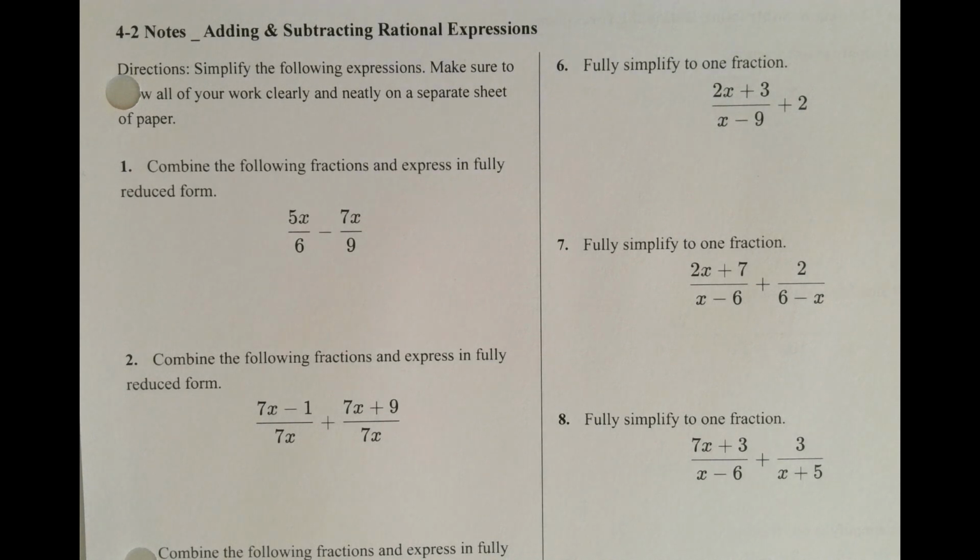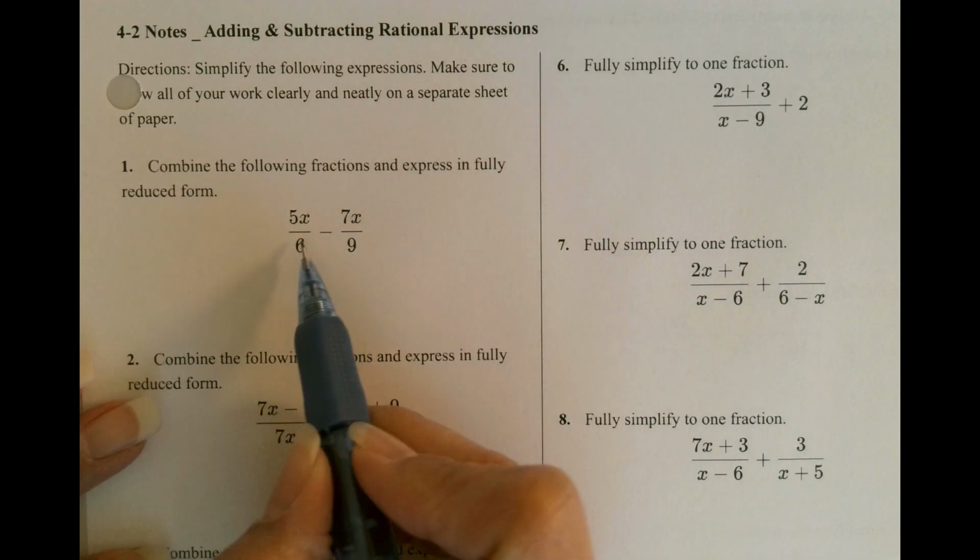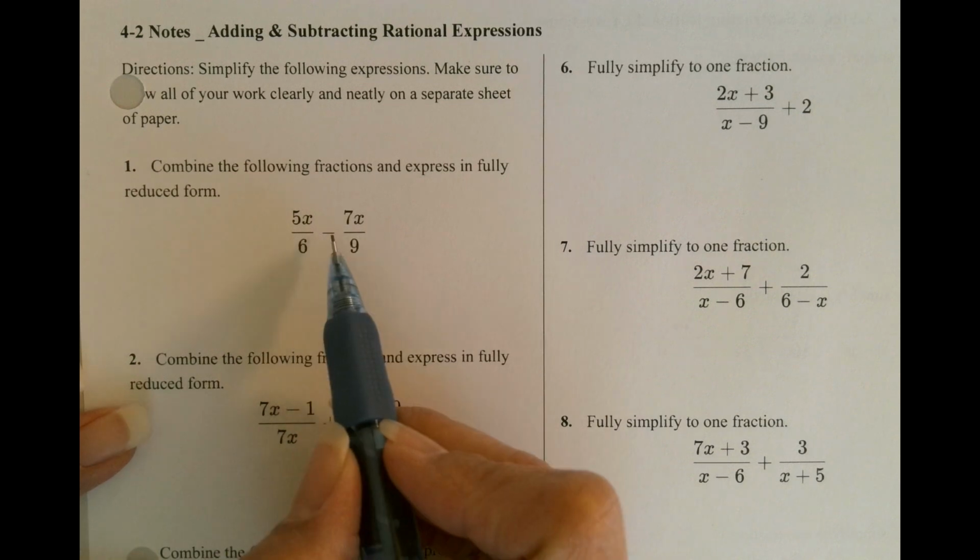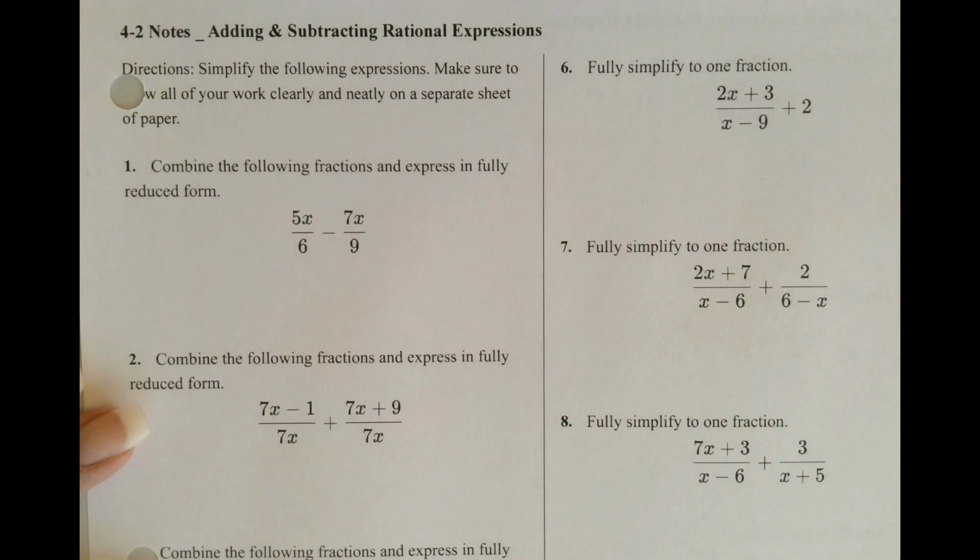Okay, so we're going to start off quite simple, and these problems are meant to provide you guys examples so that you are able to do the assignment. So we're going to start off here with number 1. Here is an example of fractions that are being subtracted, but notice that the denominators 6 and 9 are not identical.